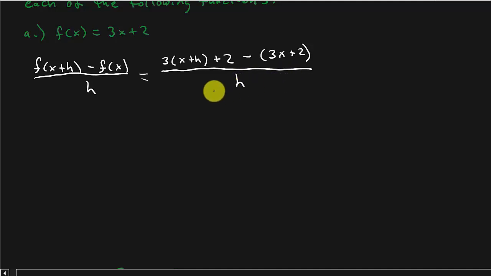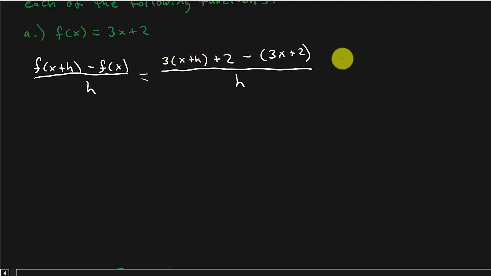So we want to cancel that h out. Like I said, you'll see that in the first calculus class, or if you're in some other kind of major and you want to take calculus as an elective, you could do that. All right, so let's go ahead and simplify it.